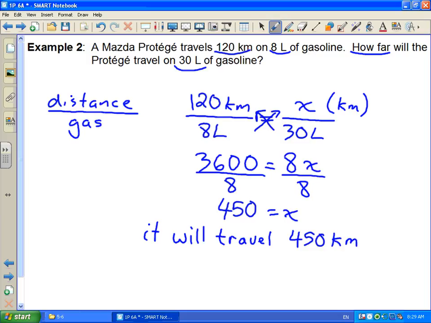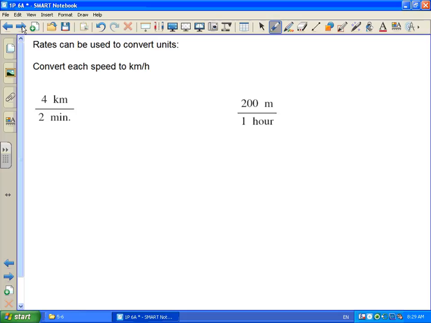Now the next big thing you can do using rates is convert things from one set of units to another, because the units are very important in rates. So in these two examples, we want to convert each speed to kilometers per hour. The first one here, we have 4 kilometers in 2 minutes. So this would be kilometers per minute.